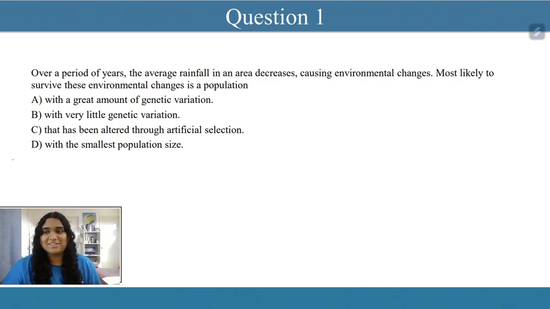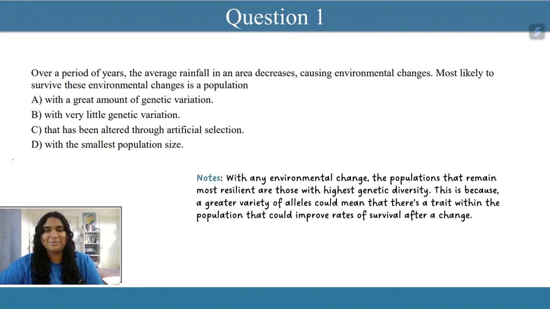Oh, whoops. I was going to say pause the question, answer it, and here's the explanation. With any environmental change, the populations that remain most resilient are those with highest genetic diversity. This is because a greater variety of alleles could mean that there's a trait within the population that could improve the rates of survival after a change.